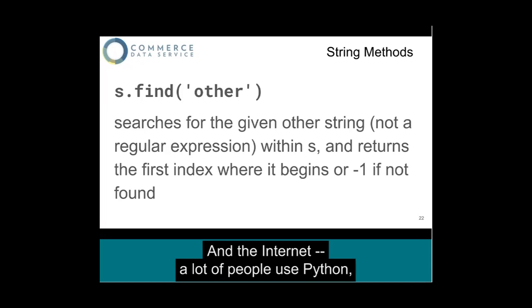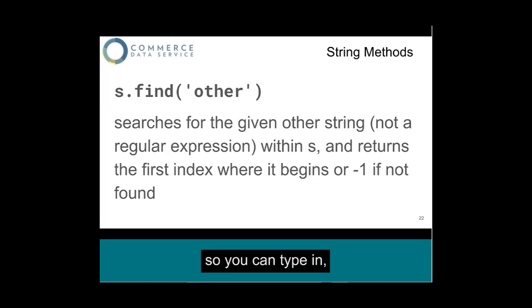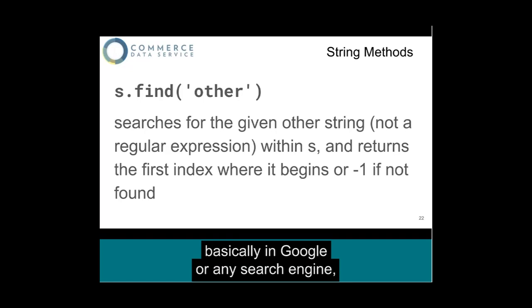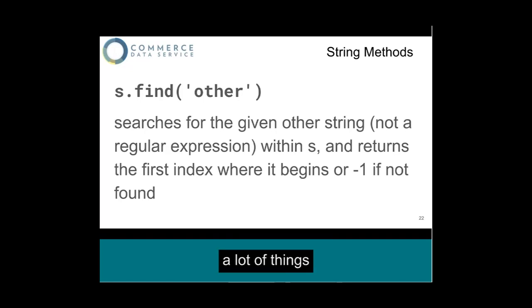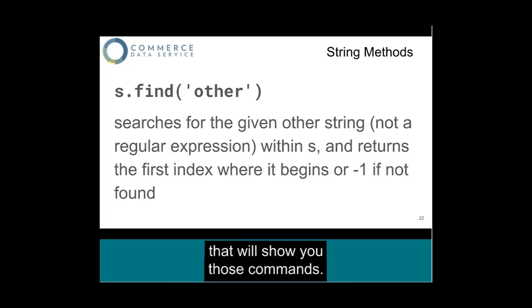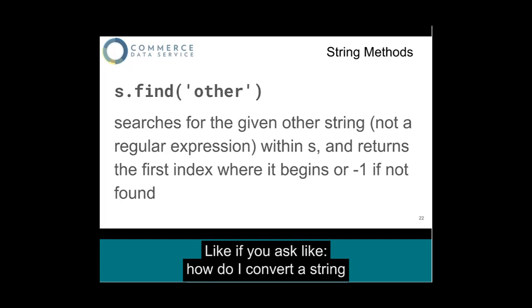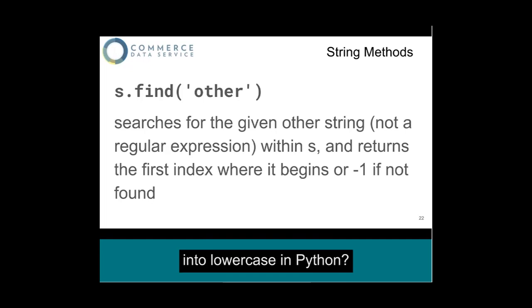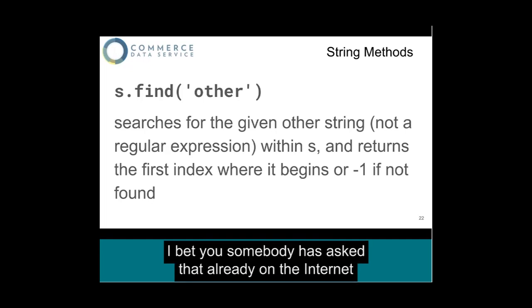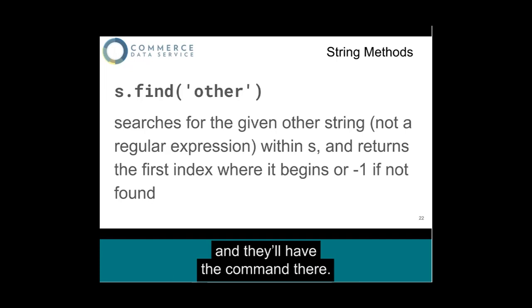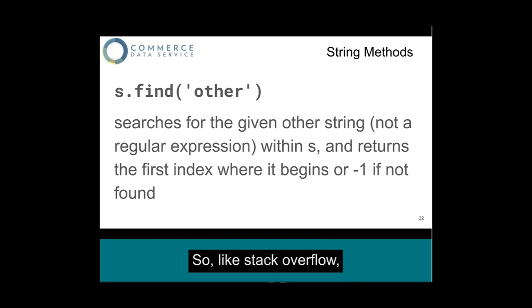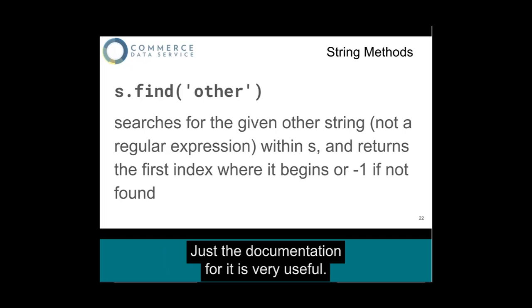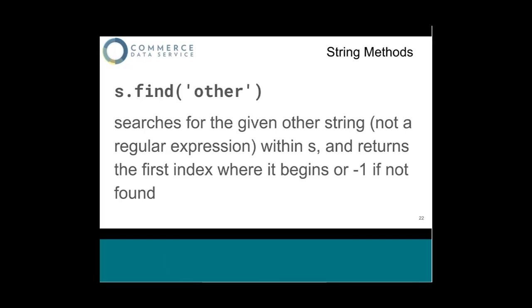A lot of people use Python, so you can type into Google or any search engine a lot of things that will show you those commands. Like if you ask, how do I convert a string into lowercase in Python? I bet somebody has asked that already on the internet, and they'll have the command there. Stack Overflow, the Python 2.7 handbook, just the documentation for it is very useful. I find myself going back to it a lot of times.